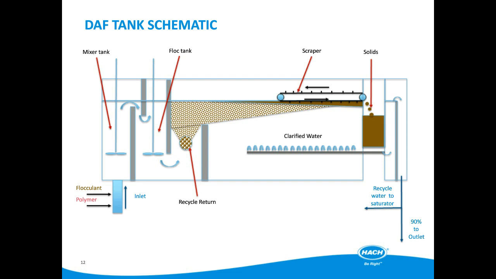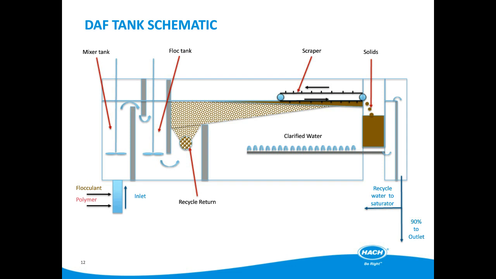The mixing being carried out by a static mixer to create turbulent flow in the first section of the pipe. As the water flows along the pipe, turbulence subsides, allowing the delicate floc crystals to form. The recycled return water is taken from the clean water end of the tank, passed through the saturator, and then through a sparger or pressure relief valve, which causes the dissolved gas to come out of solution in the form of microbubbles.